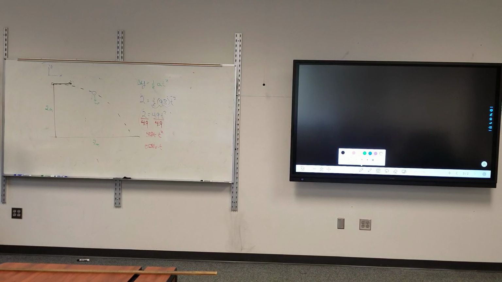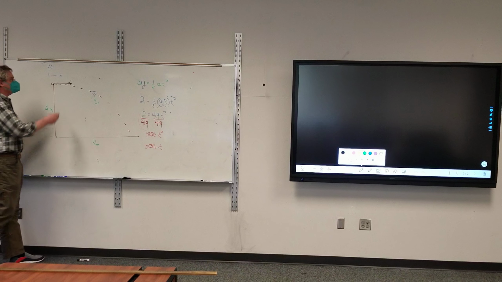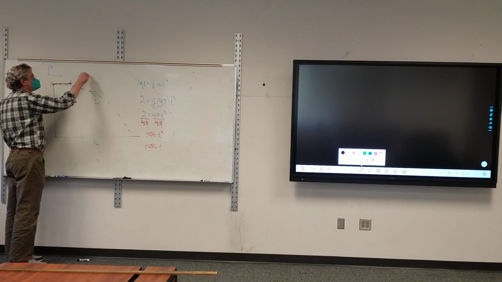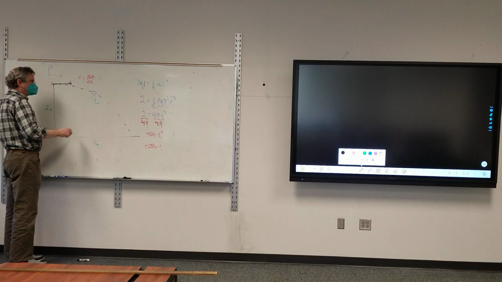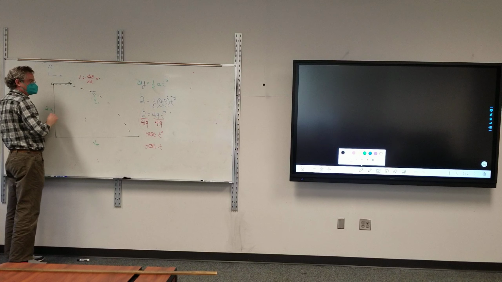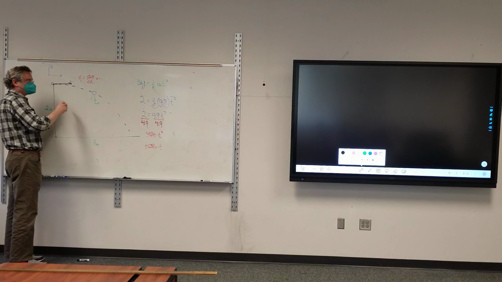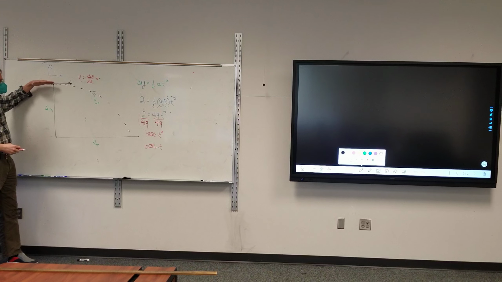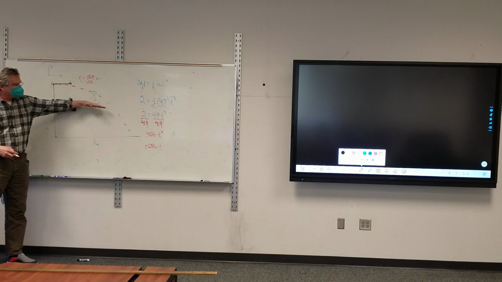So I know it's in the air for 0.6388 seconds, and I know it's going to go 7 meters horizontally, so the initial speed is distance over time. My initial speed is the same, the horizontal component is the same the entire time.